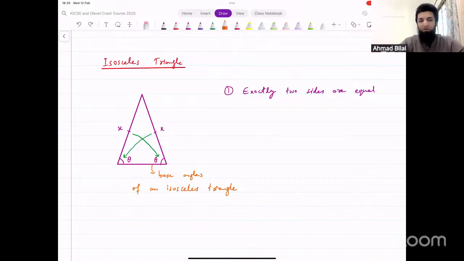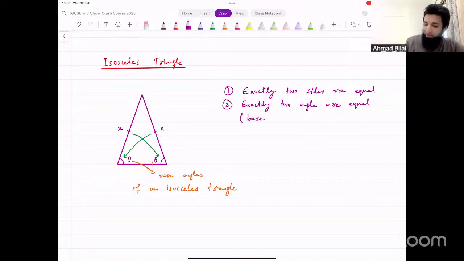Now, it's not always going to be horizontal. It could be in some other direction as well. But the side that is not equal, we call the base of the triangle, and these angles are the base angles, the angles that are equal to each other. So what do we write right here? We can say exactly two angles are also equal.